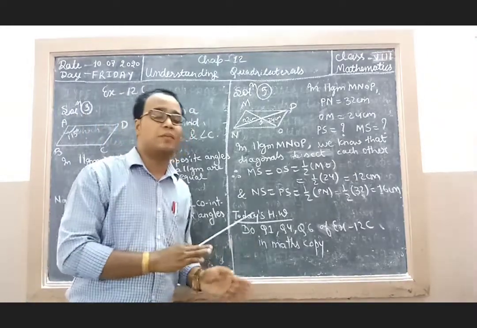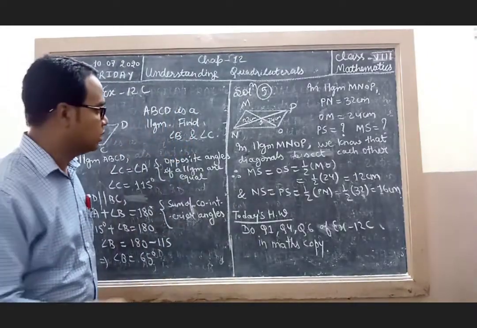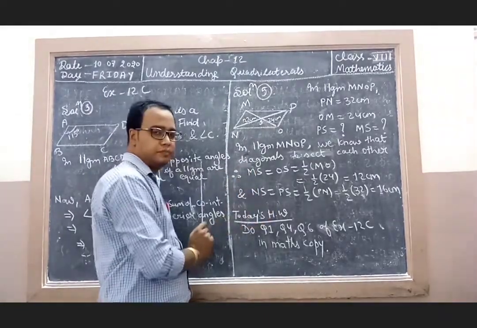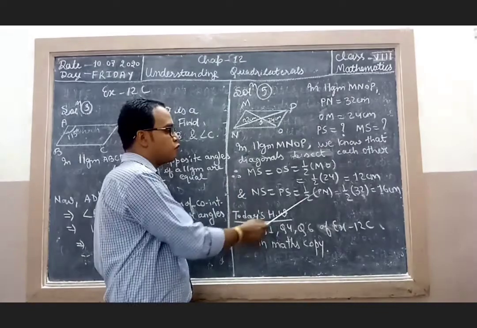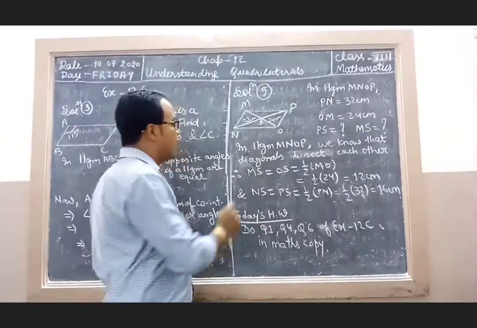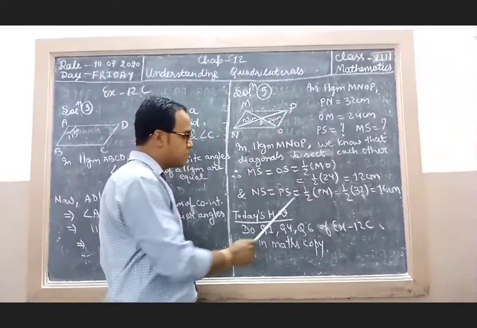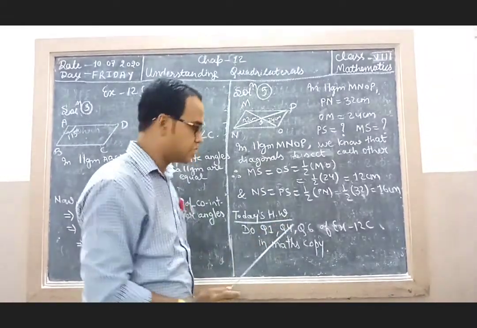Diagonals are not equal, but they bisect each other. It means MS is equal to OS, which is half OM. Half OM means half of 24, that is 12 cm, and NS equals PS, which is half PN. It means half of 32, that is 16 cm.